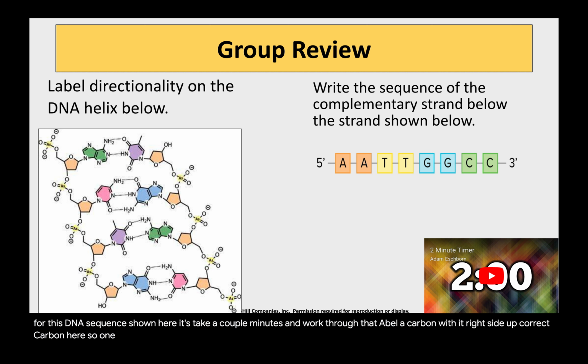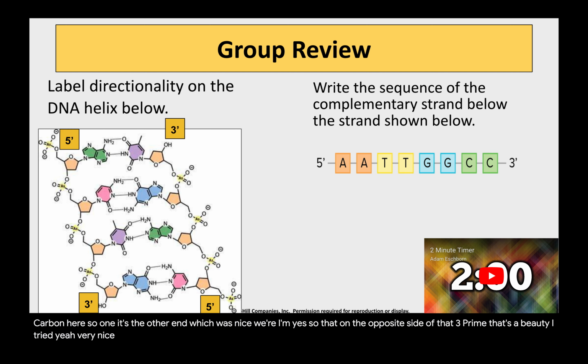Oh, I'm a little shaky because of these tiny little points here. But it's that 5' carbon, which would mean the other end would be 3', yes. So then on the opposite side of that 3', this would be the 5'. Yeah, very nice. All right, so 5' to 3', and the opposite strand is exactly the opposite, 3' to 5'.